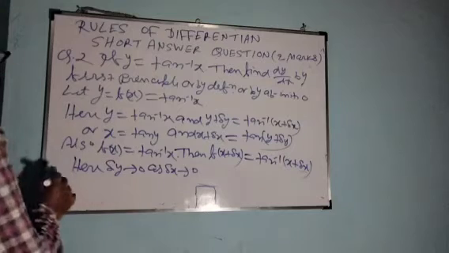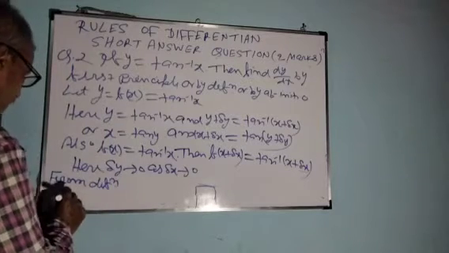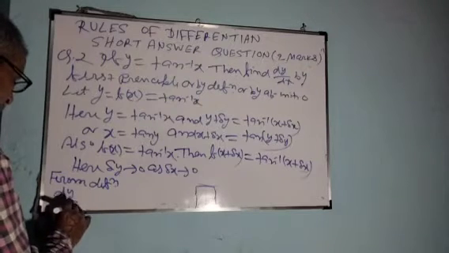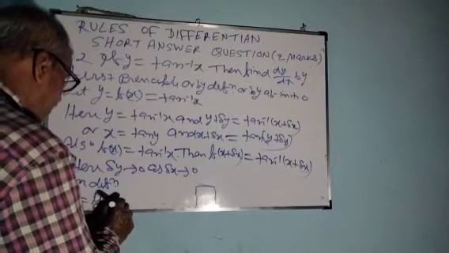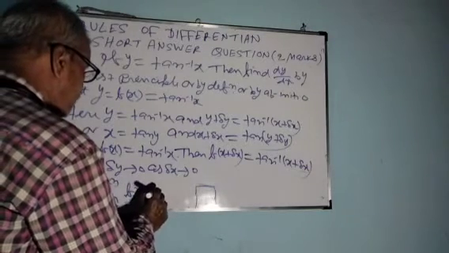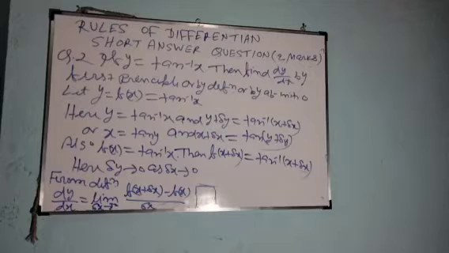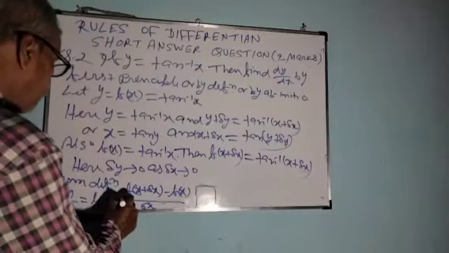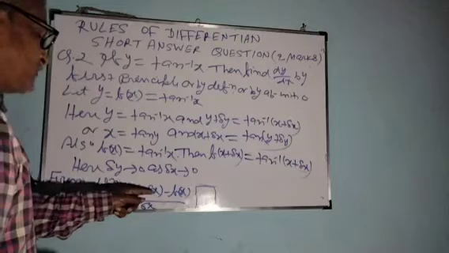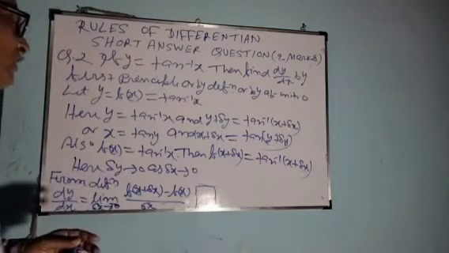Now from the definition we know that dy by dx is equal to limit delta x tends to 0 of f(x plus delta x) minus f(x) by delta x. Now write in your notebook, then I will write the next step.